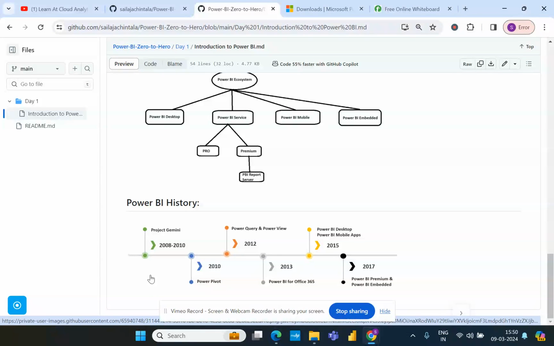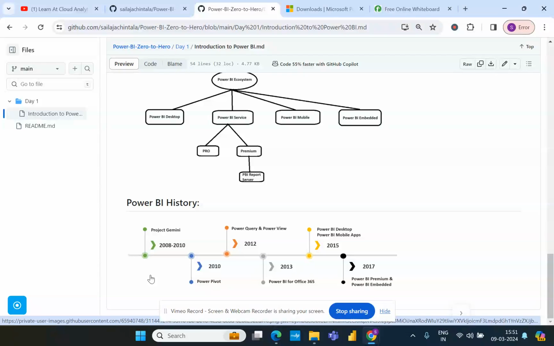Power Pivot enabled users to analyze large volumes of data within Excel, leveraging the power of in-memory processing. Then in 2012, they saw the success of the Power Pivot launch in 2010.